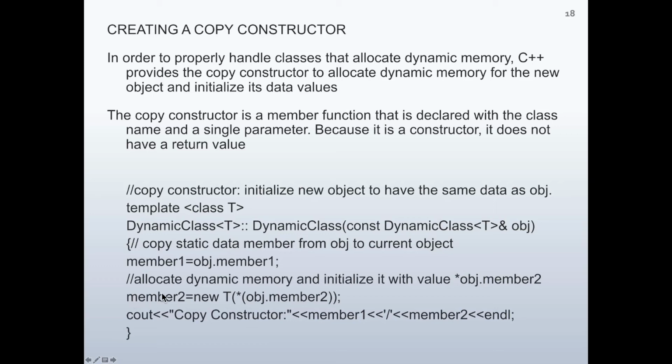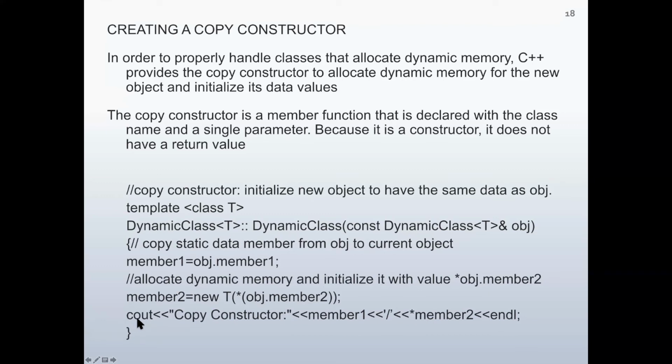So we are saying member2 is assigned a value, this is a pointer, such that it is assigned the address of the object created by the new operation. The value of the object just created by the new operation is same as the content of the object pointed to by the member2 of obj.